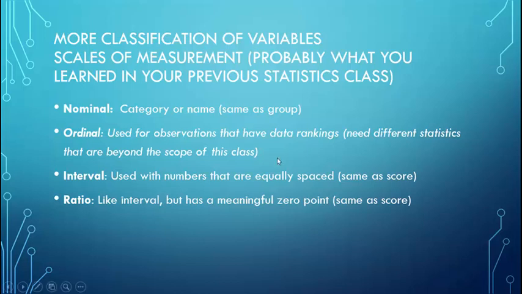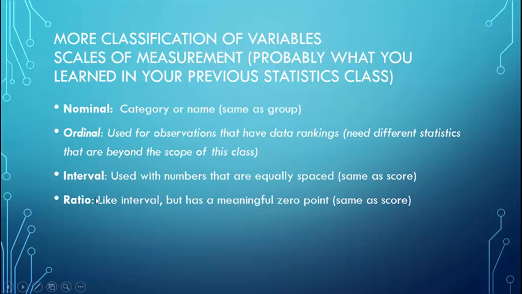All right. Other ways to classify variables use scales of measurement. You probably learned these terms in your previous statistics class, instead of group versus score, which is really important for SPSS. This is a little more detailed division of types of variables: nominal, ordinal, interval, ratio.